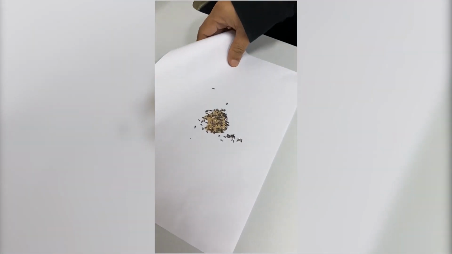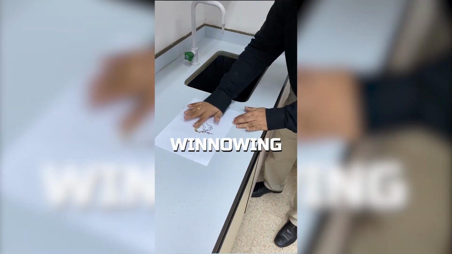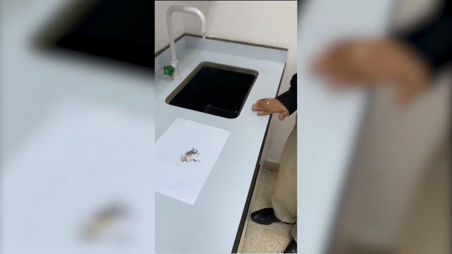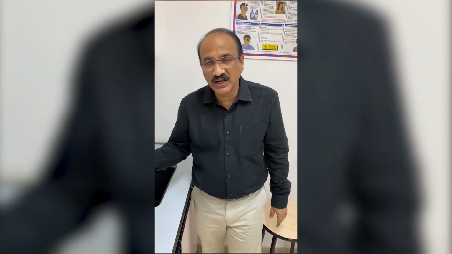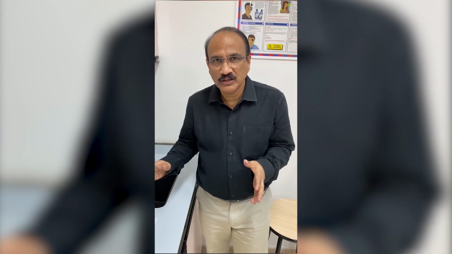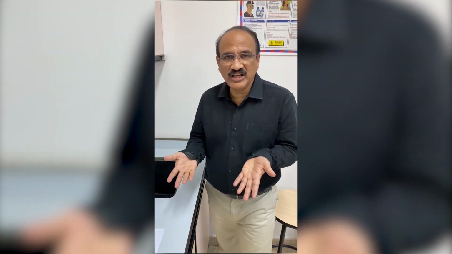Okay, this is a way to separate. So this method is called winnowing. This way we can separate the heavier materials from the lighter components. This method is called winnowing. Farmers use this method for separating the grains from the chaff.